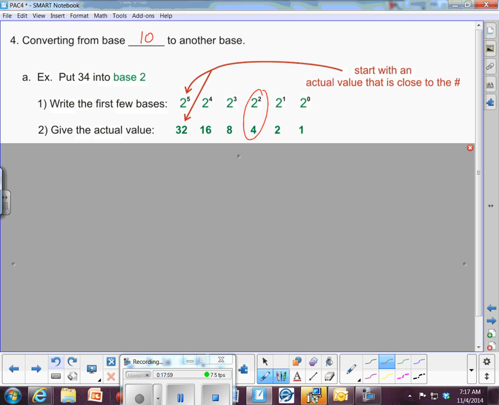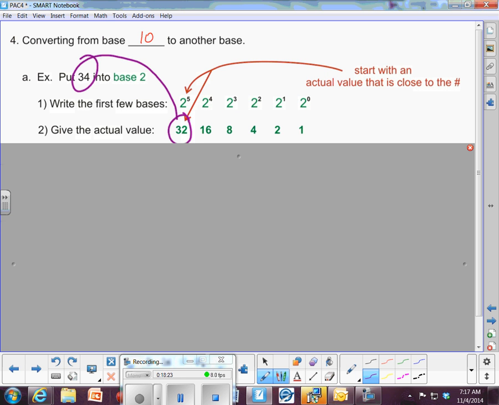Then 2 squared is a 4. 2 cubed is an 8. 2 to the 4th, 2 times 8 is 16. Then 2 to the 5th is 32. And once you say, hey, look at this, 32 is real close to my number, then you've gone enough and you're ready to roll.